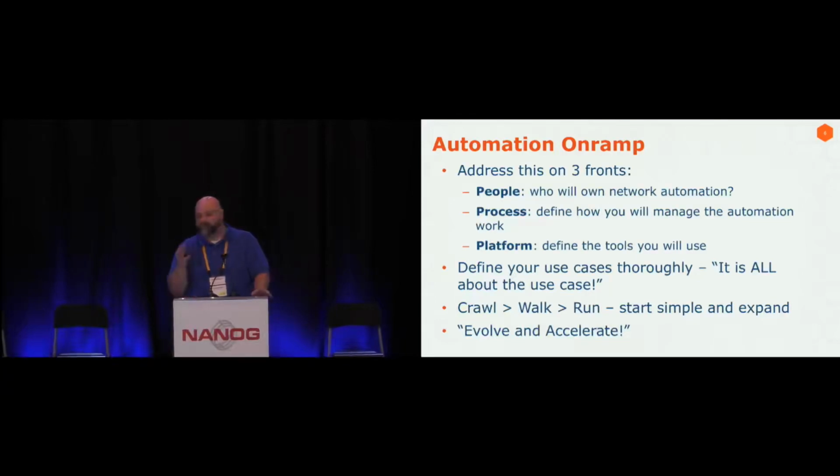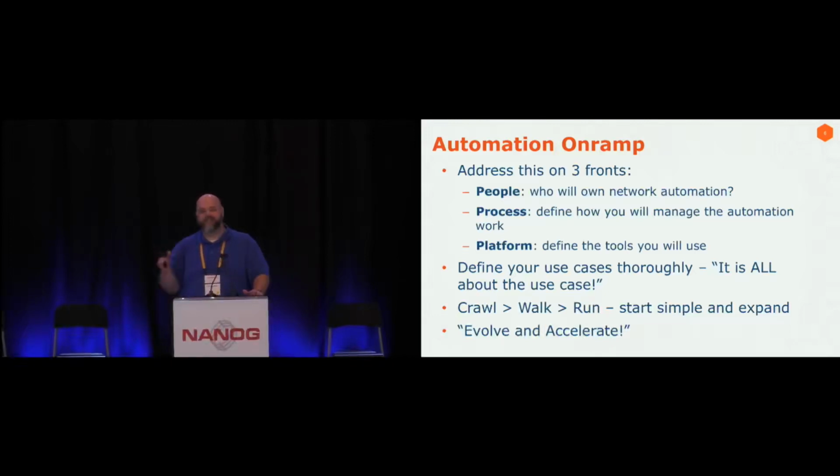As I've said a couple of times, you have to crawl before you can walk. Some of you may already be walking, but you have to walk well before you can run. So make sure you do that as well. And if you're at the CLI and scripting level, there's an evolution you're going to have to go through as an organization before you can get to real meaningful automation as well.